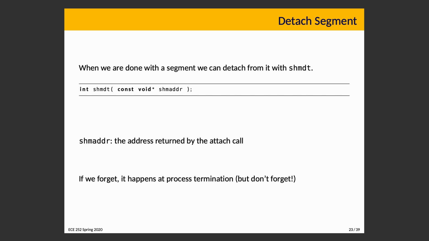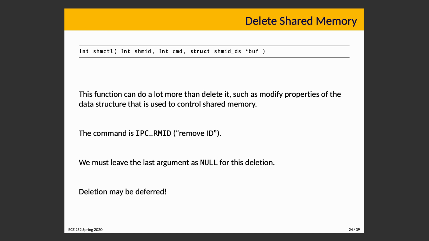It's rude to forget. If we're certain that a shared memory segment is no longer needed, then we can use the deletion routine, and it is shared memory control. Again, like the message queue management function, it can do a lot of things. The only one we're interested in right now is the ability to delete it.